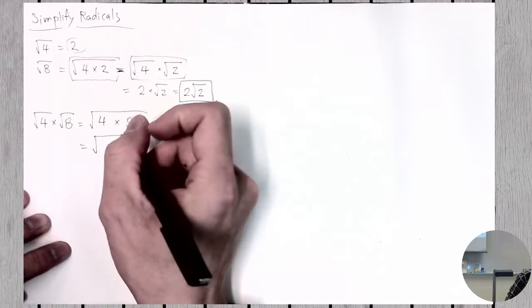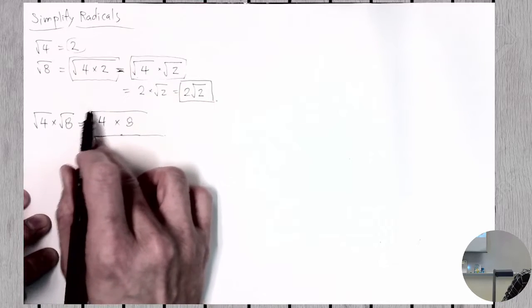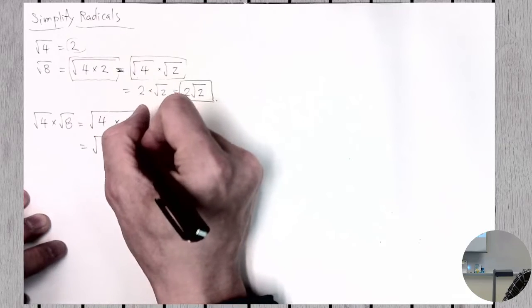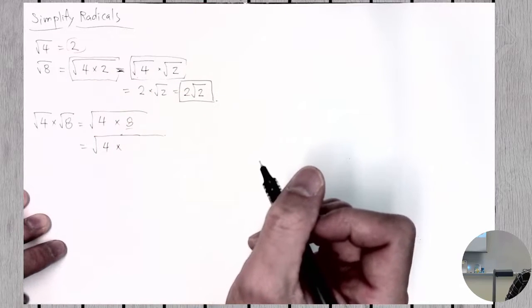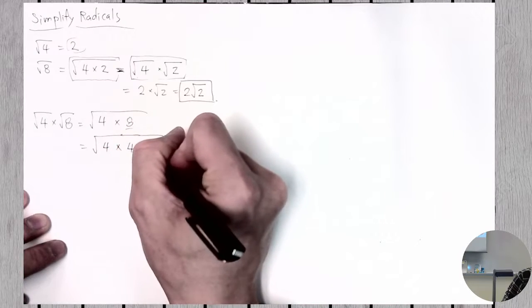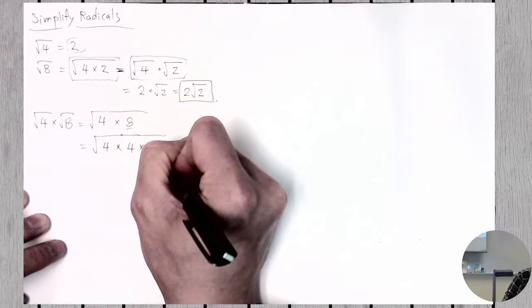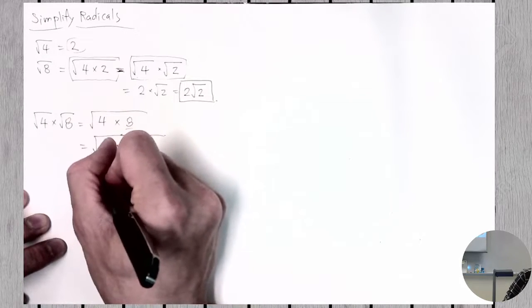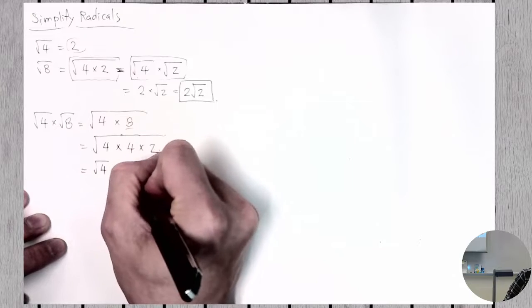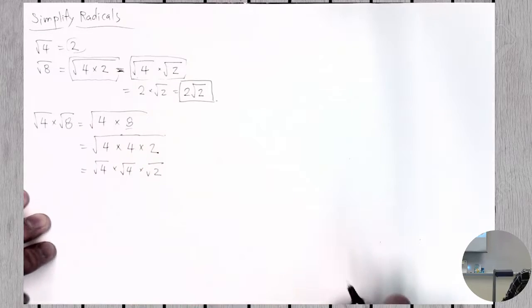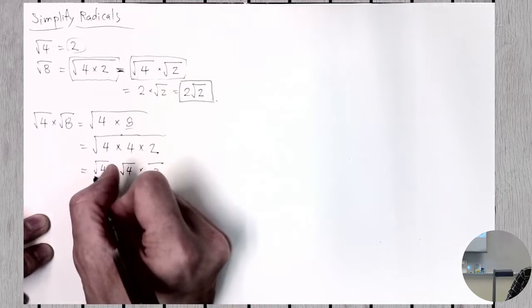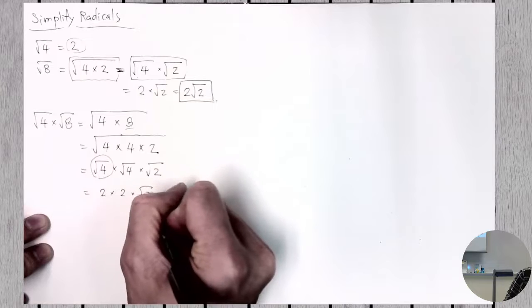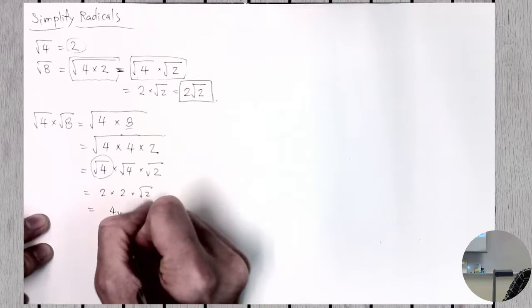Well, I know square root of 4 is 2, so I'm going to keep it there, okay? And this 8 is equal to 4 times 2, yes? And therefore, I'm going to split this into square root of 4 times square root of 4 times square root of 2. And in fact, I know square root of 4 is a 2, and therefore I can write it 2 times 2 times square root of 2, or simply 4 square root 2.